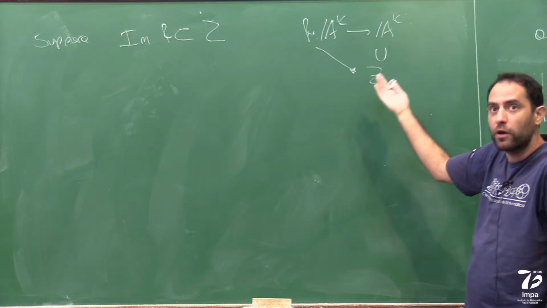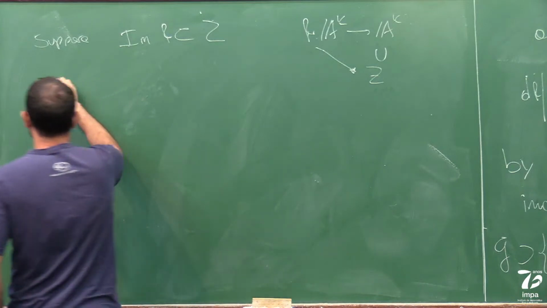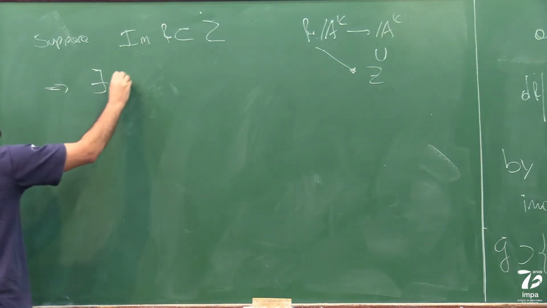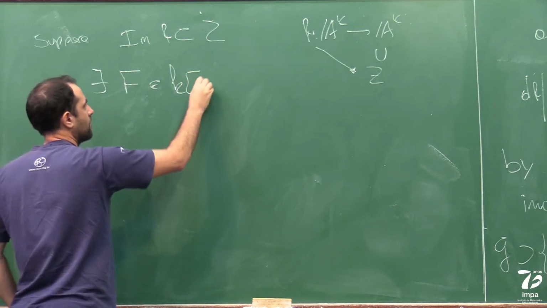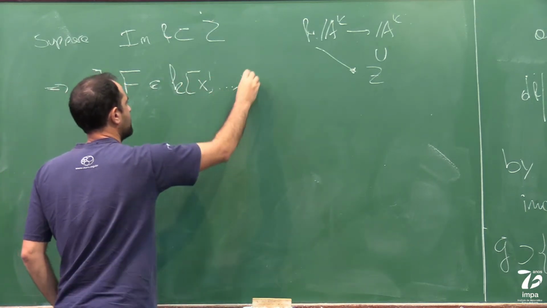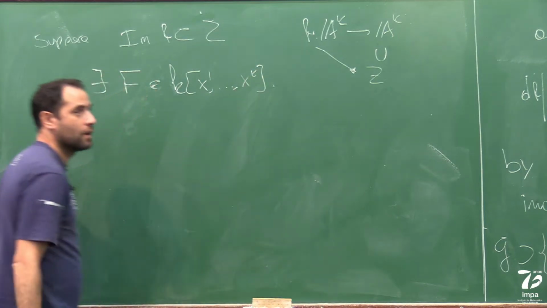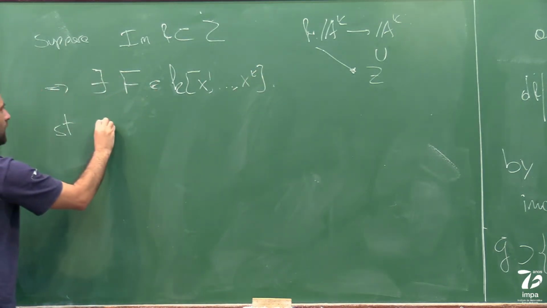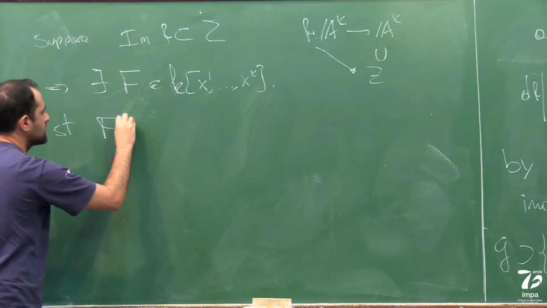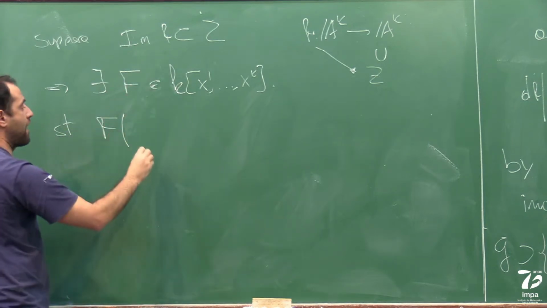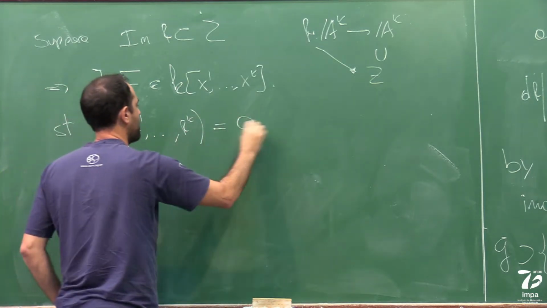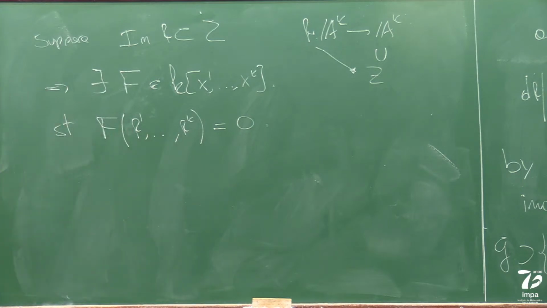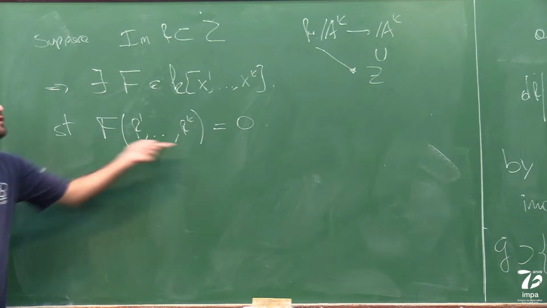This means that there exists some polynomial f in k variables, x1 up to xk, such that f evaluated on the components of F, F1 up to Fk, is equal to 0. That means the image of F is included in the zeros of this polynomial.